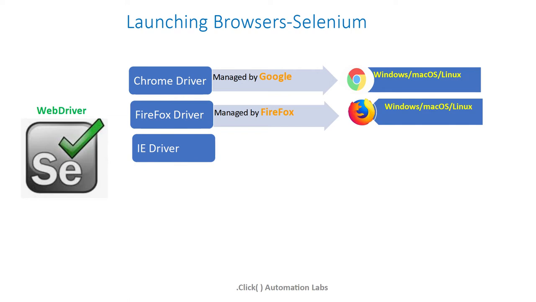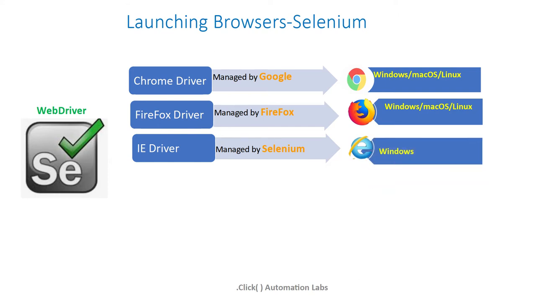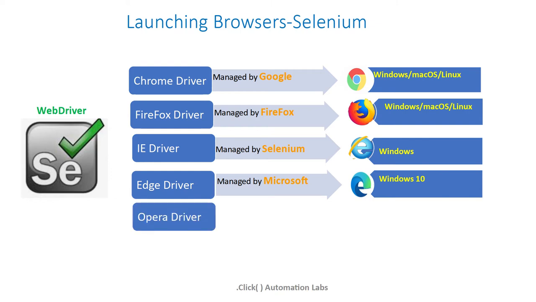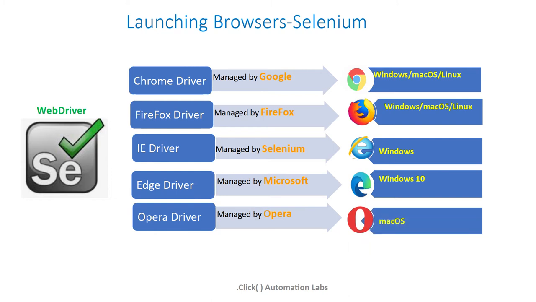The IE driver is managed by Selenium, and you can launch it on Windows. Also, the Edge driver is managed by Microsoft and can be used to launch the Edge browser on Windows 10 environments. The Opera driver, managed by the Opera Chromium project, can be used to launch the Opera browser on Mac OS.